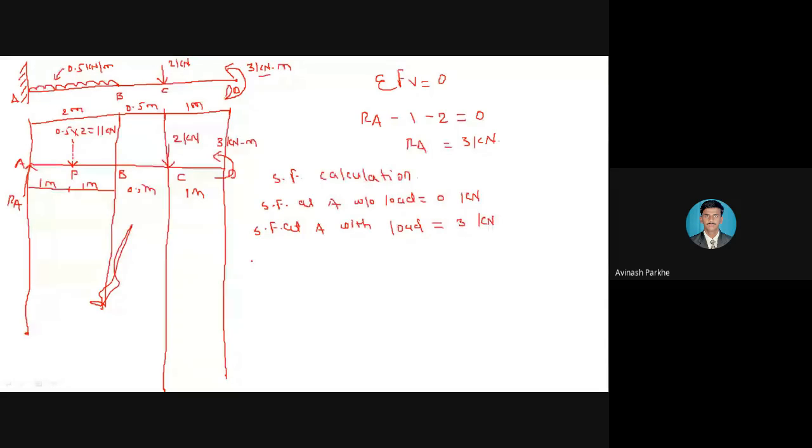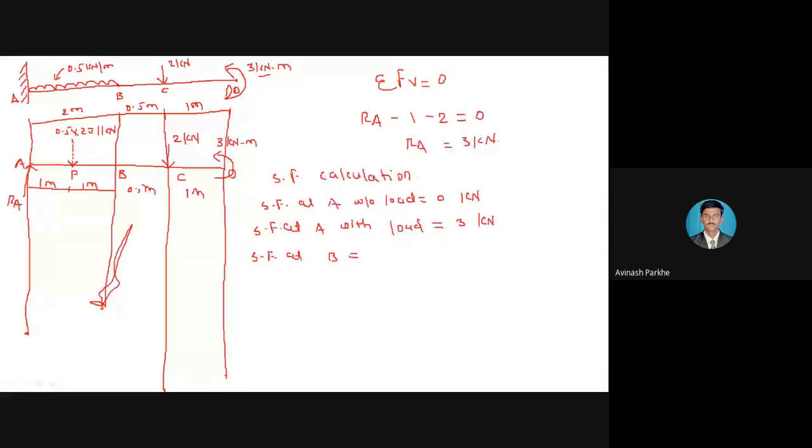Then SF at B, there is no point load, there is no reaction, therefore only a single SF at B. How many forces are present to the left side of B? Two forces are present. One is the reaction and another is UDL.